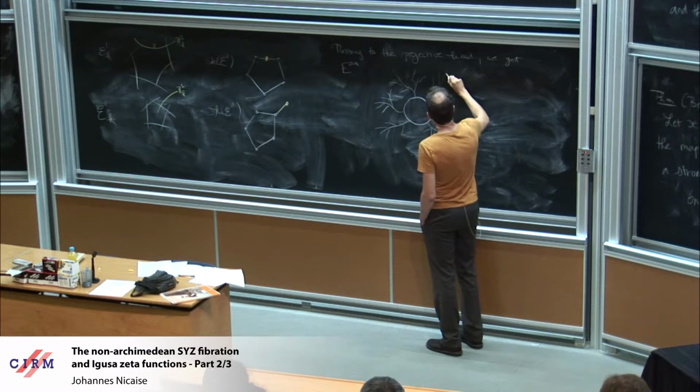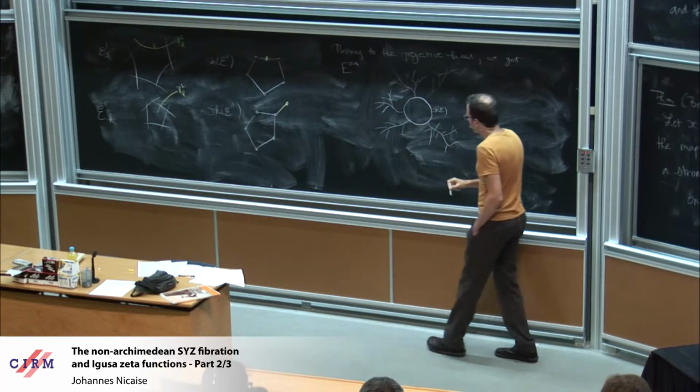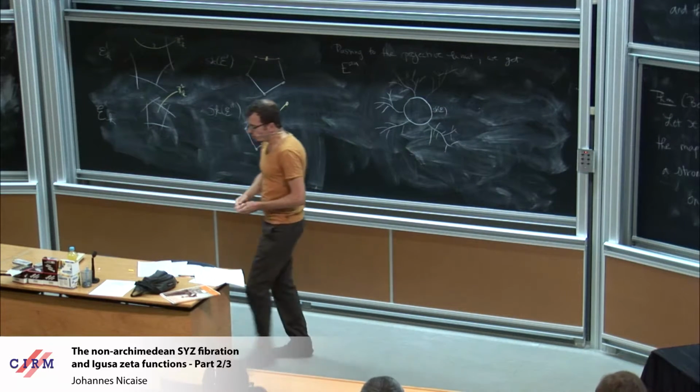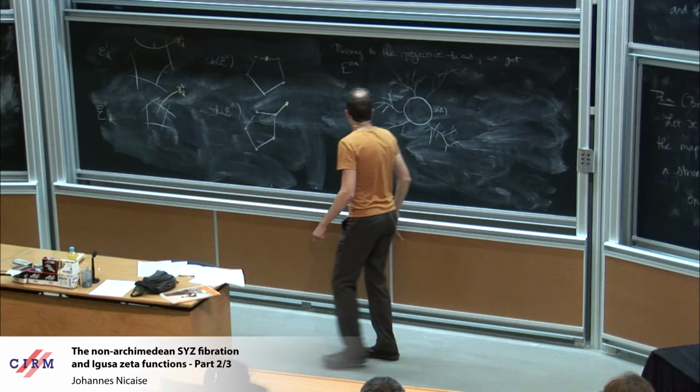And so it's interesting to try to classify the points that appear in this picture. So there are 4 types of points that occur in the Berkovich classification.